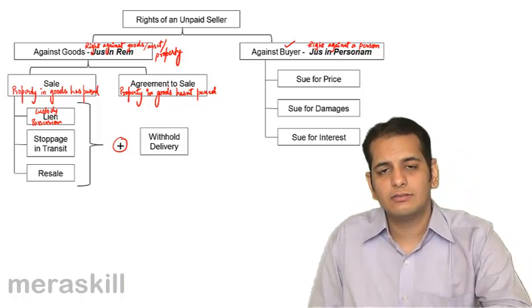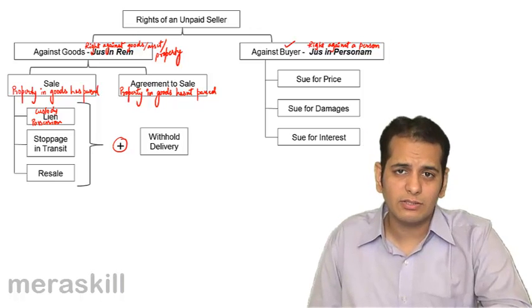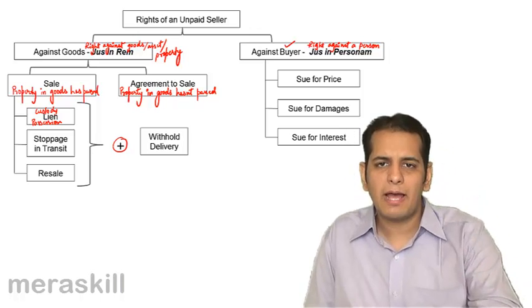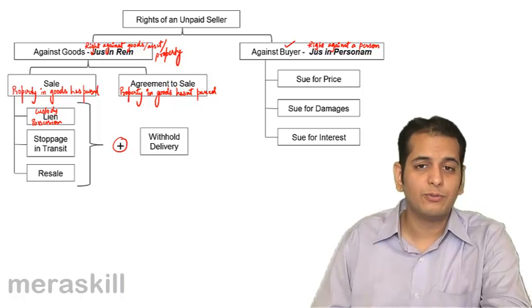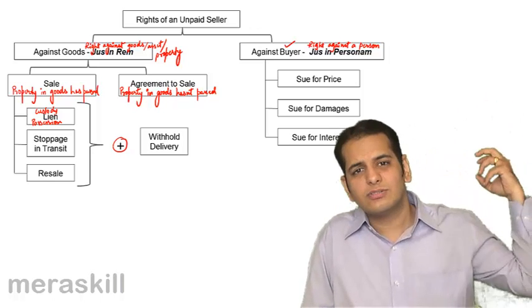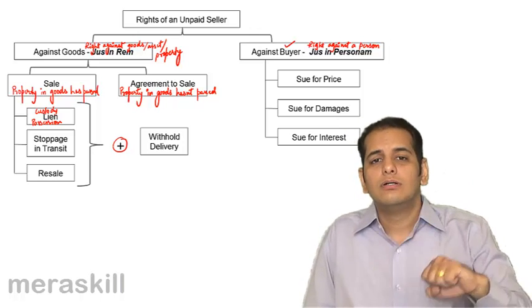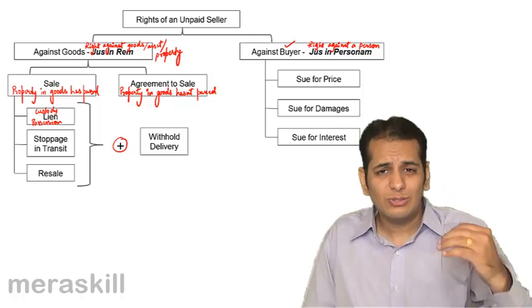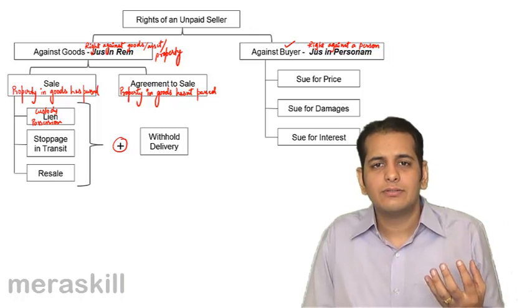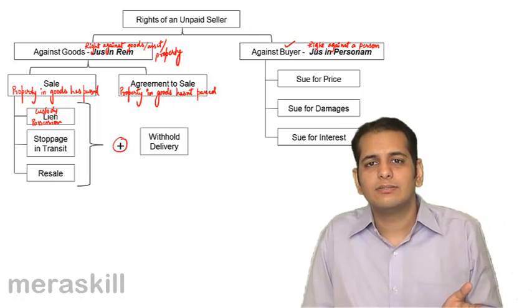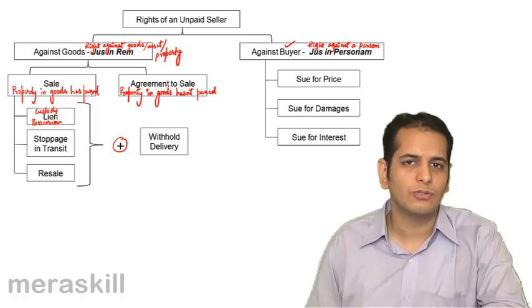Stoppage in transit, you regain the custody here. You get the goods back. Right to resale, you sell the goods again. Withhold the delivery, you do not deliver the goods. So in all these rights, you are exercising the rights over the goods.